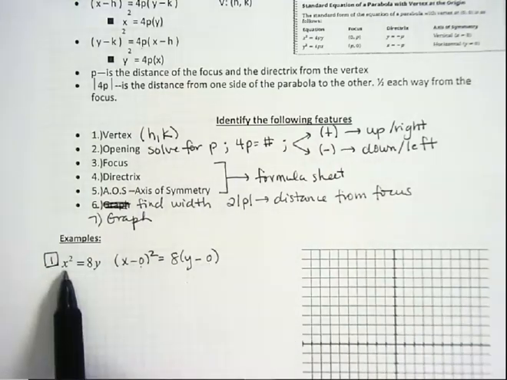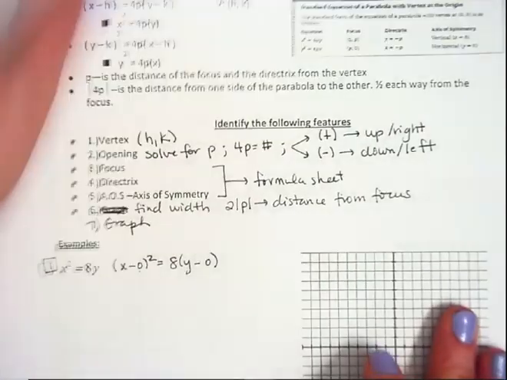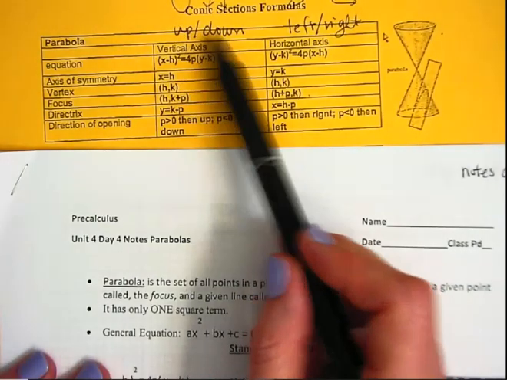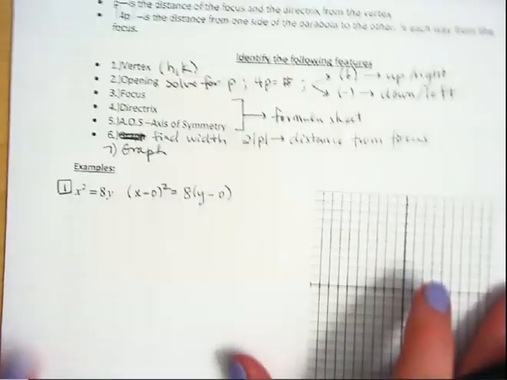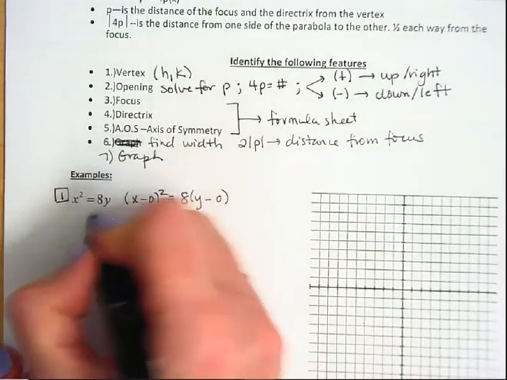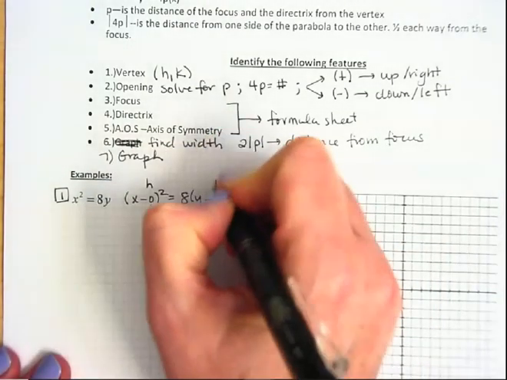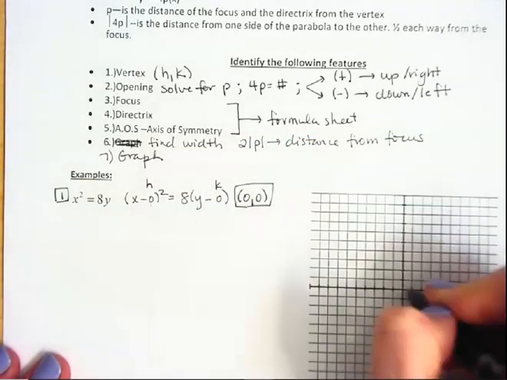Oh, and the first thing I also want to point out is that since this is an x squared on the left, we know that this is going to be a vertical orientation, and the graph is either going to be opening up or opening down. So from here I can tell that my vertex is at (0, 0). This is my h, this is my k. And I'm going to go ahead and graph that right here.